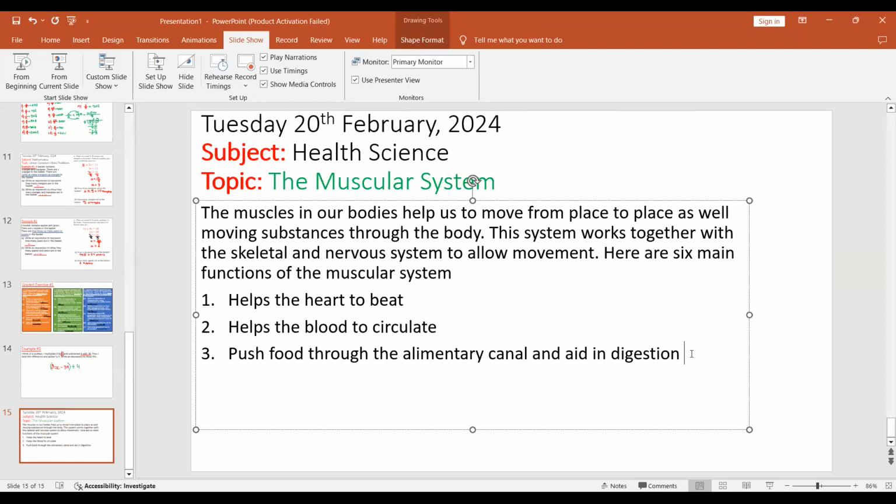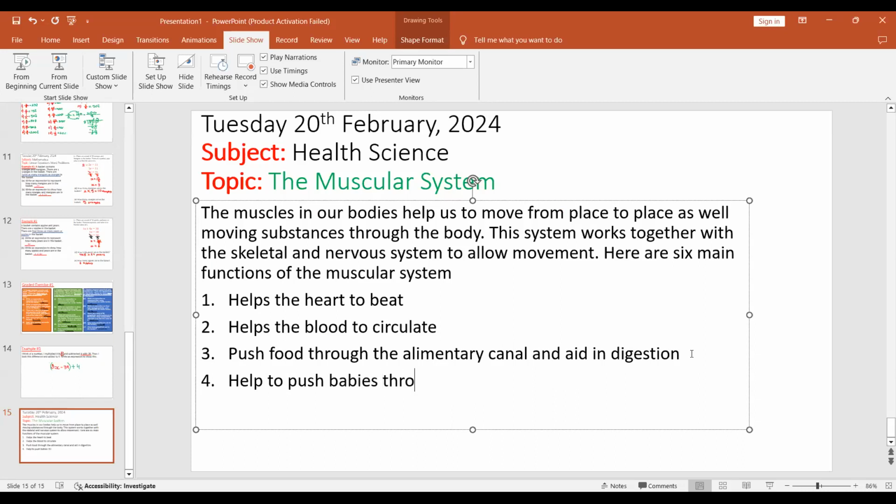Okay. Next up, the way all of us here were created. Muscles help to push babies through the birth canal. Unless your mommy had a C-section, but if your mommy didn't have a C-section and she pushed you out, you definitely need your muscles working properly for that.